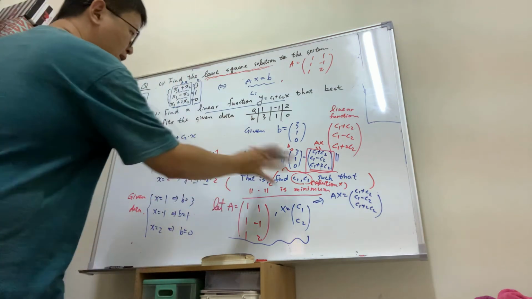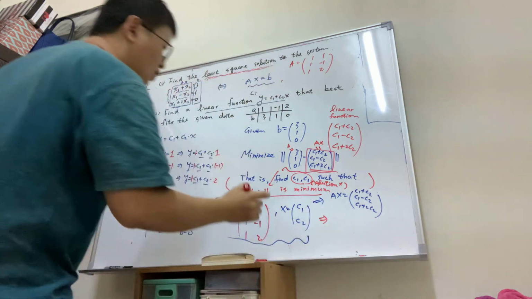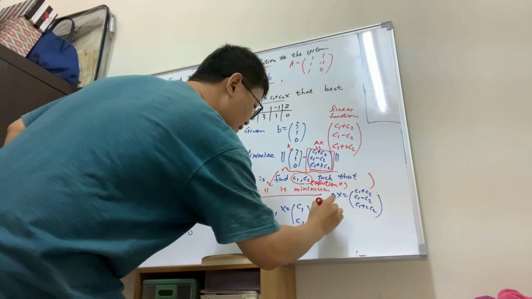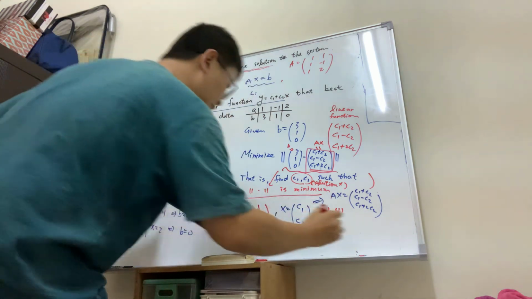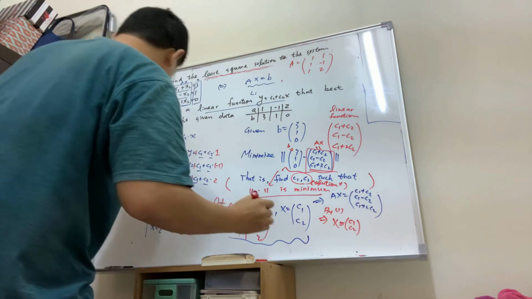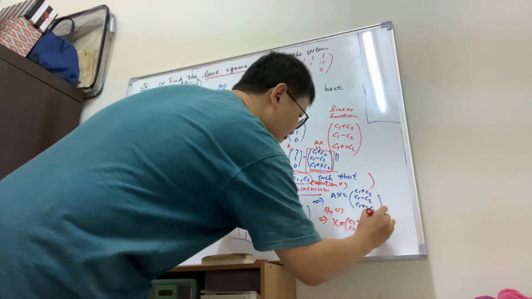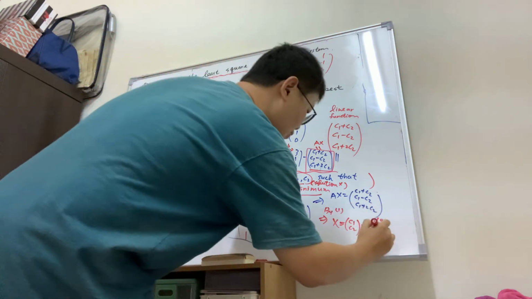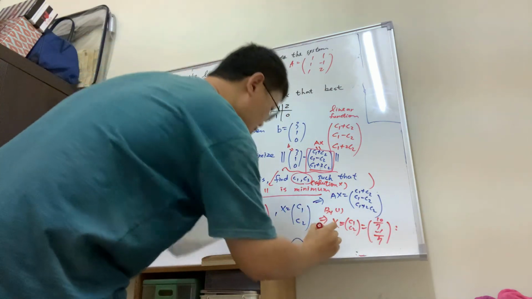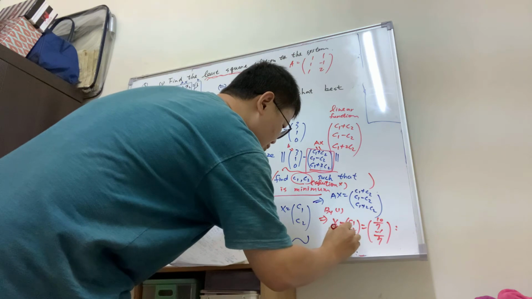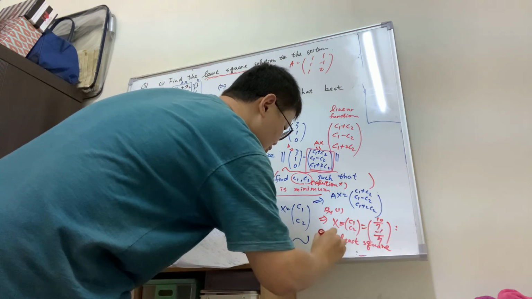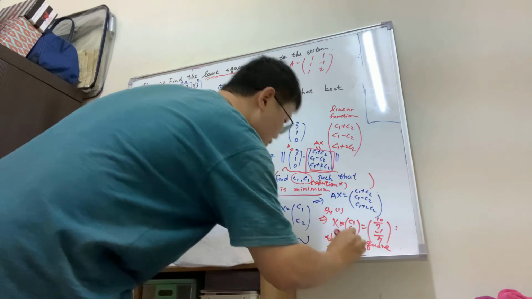So now we want to minimize E, and by the above, we know that the solution C1, C2 is 10 over 7, negative 1 over 7. It's the least square solution.